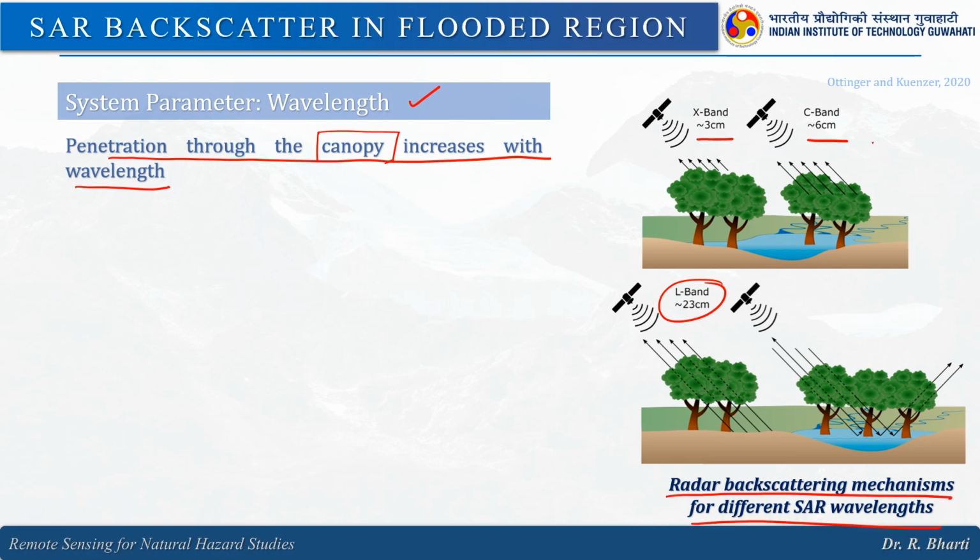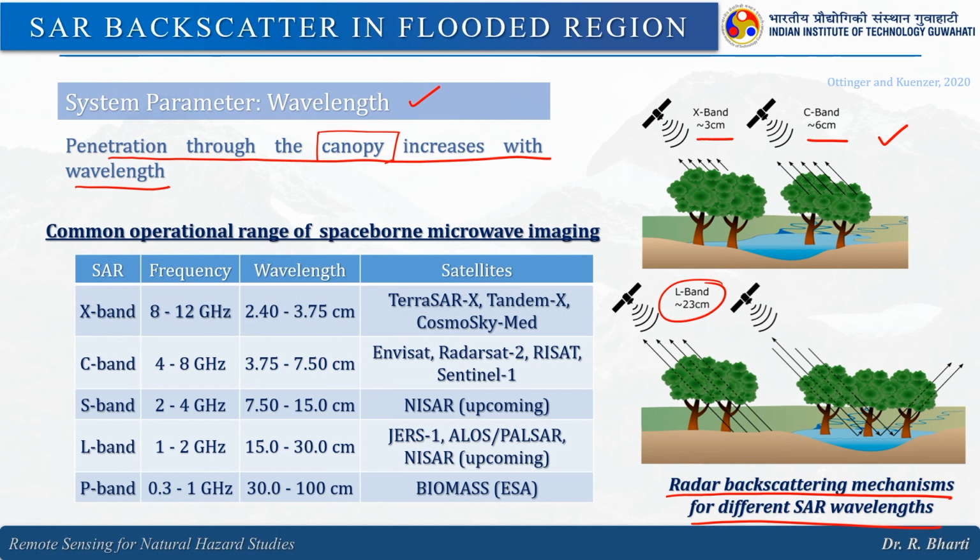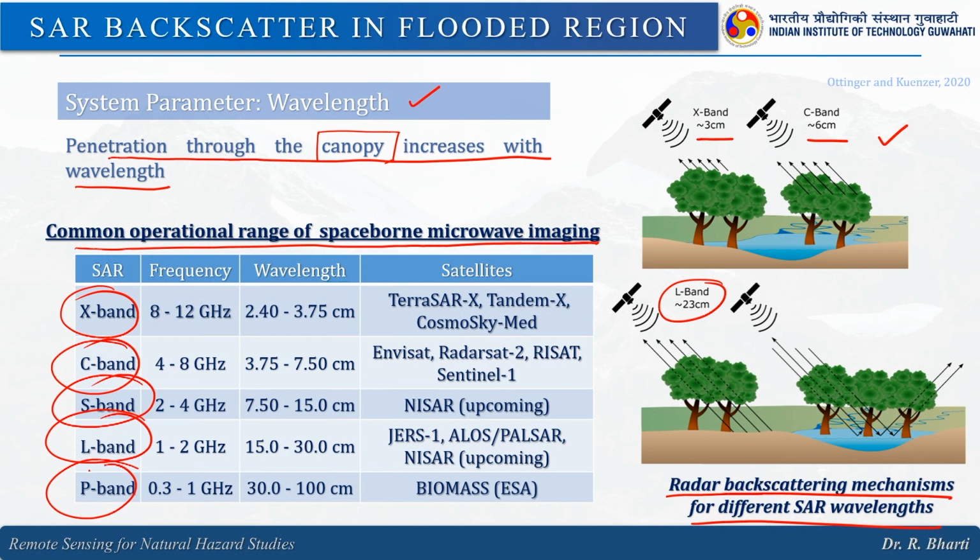So, how microwave energies are interacting with the canopy or the vegetation in this particular condition. Common operational range of spaceborne microwave imaging: here you have X band, C band, S band, L band, P band, right.